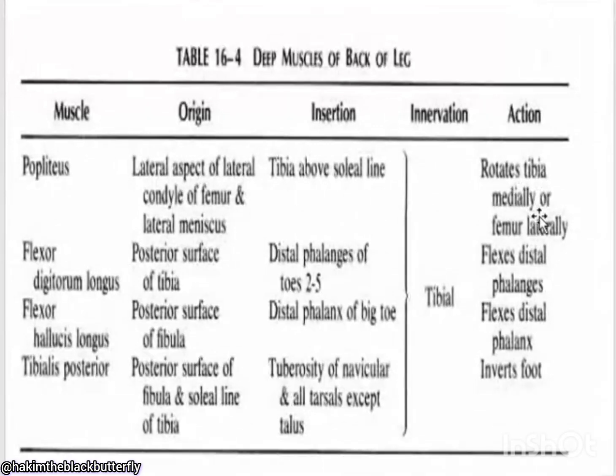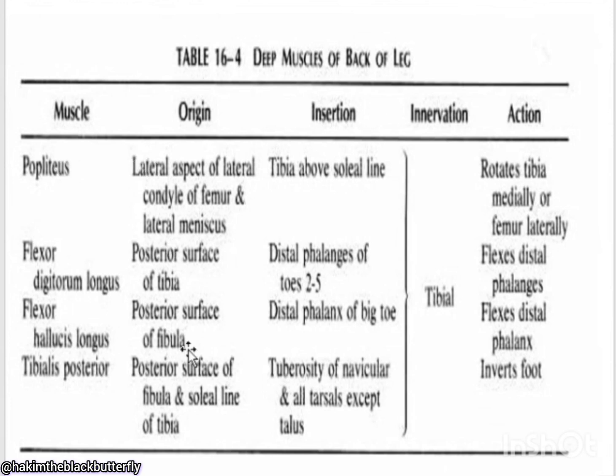When you're in a standing position, if your knee joint is to become stable, it locks itself. Locking of the knee joint refers to the medial rotation of the tibia and lateral rotation of the femur. That's what they call locking of the knee joint. And this is the action of this muscle known as popliteus.